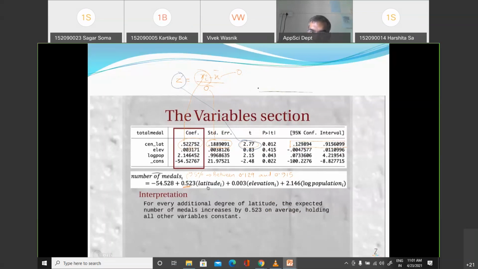This is the significance level. The sample value that was coming, this is the hypothesized mean, H naught mean.